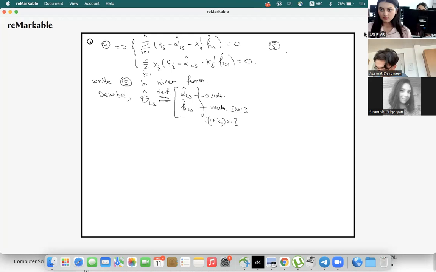And also, I want you to denote x tilde this way. You will add 1 and here x. So basically what you have here is 1 plus k again, rows and 1 column, right?